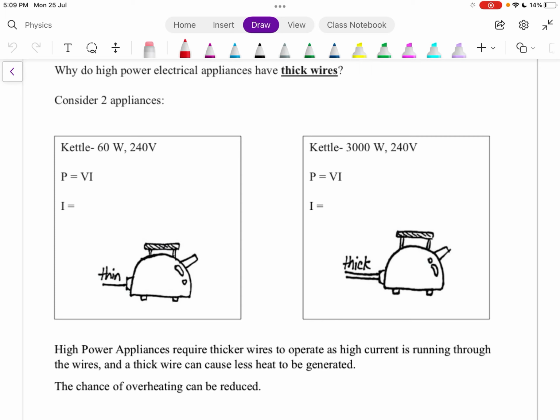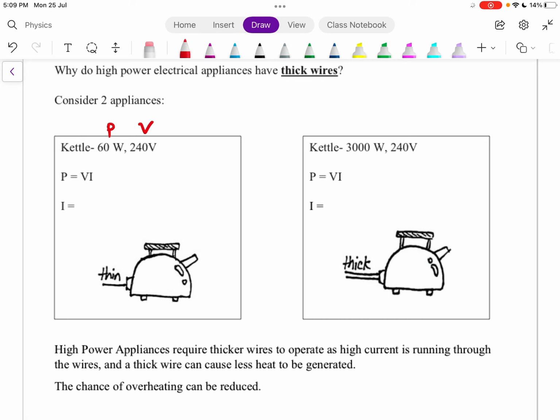So you'll be given first of all the power, and second of all your potential difference, or maybe I just call it V, voltage. So you will not be given the current value. How do we calculate the current value for the first low power kettle? Of course I must use the idea of P equal to VI.